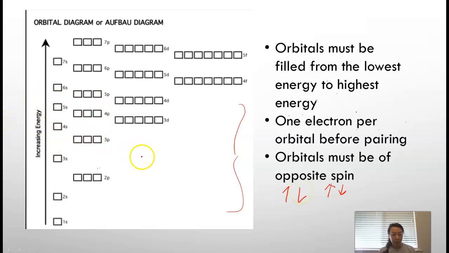So let's pick one. We're going to pick copper because I talk about copper later. Copper has 29 electrons, so 29 electrons have to fit in these orbitals. You start at low energy, fill out both orbitals with opposite spins. That's 2. Now we get to 3 orbitals, one electron per orbital. That was 3, 4, 5, 6, 7, 8.